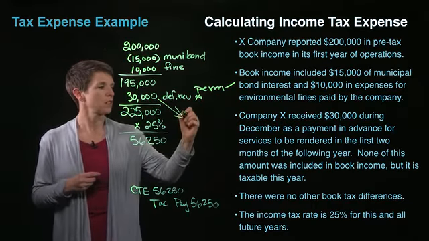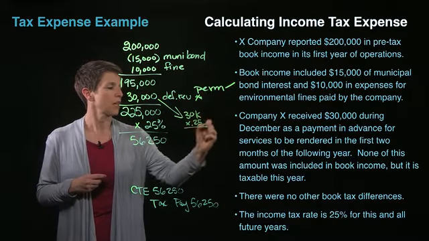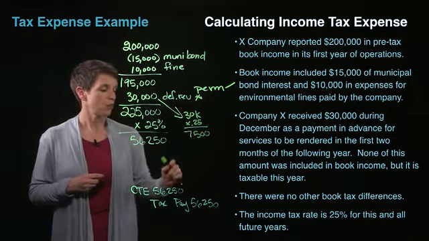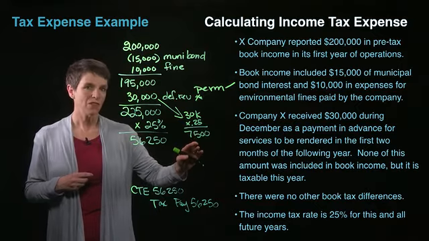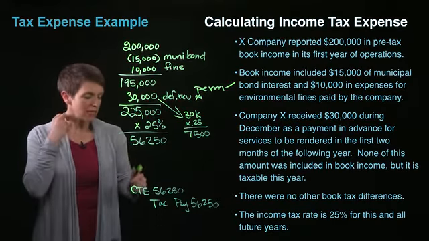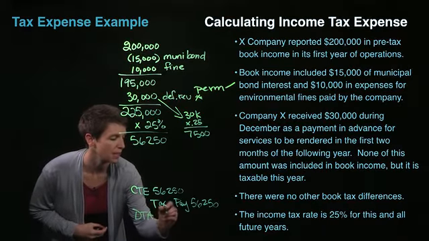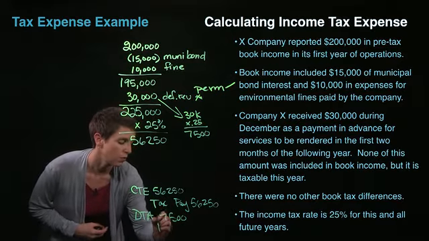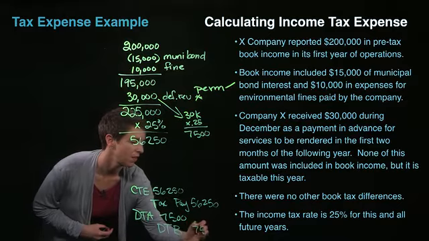Well, $30,000 times 25% gives me $7,500. So of this $56,250, $7,500 of it relates to this deferred revenue. That's the amount of the asset that we're going to record. Deferred tax asset, $7,500, and we'll record deferred tax benefit of $7,500.